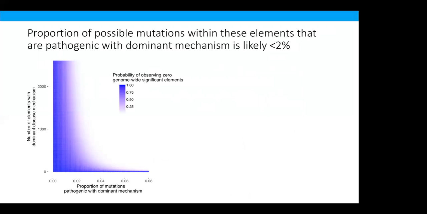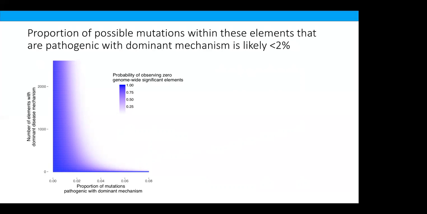So what we tried to do was, given the data that we see, which is observing 0 genome-wide significant elements in 8,000 trios, ask what is the probability that this would happen across these 2 different parameters. The first is the proportion of mutations in an element that are pathogenic with a dominant mechanism, and the second is how many elements out of the about 2,700 fetal brain active conserved elements that we began with have a dominant disease mechanism.